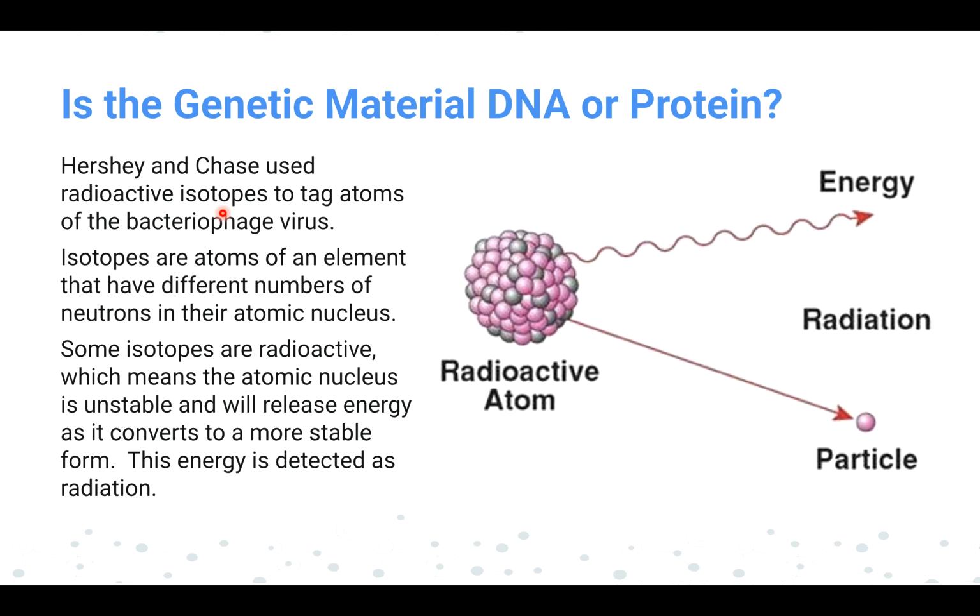So the confusion about the genetic material was between DNA and protein. What both scientists did was take radioactive isotopes and tag the atoms. Isotopes are generally radioactive, which means the nucleus is unstable and continuously releasing radiation, and this energy is detected as radiation, right?